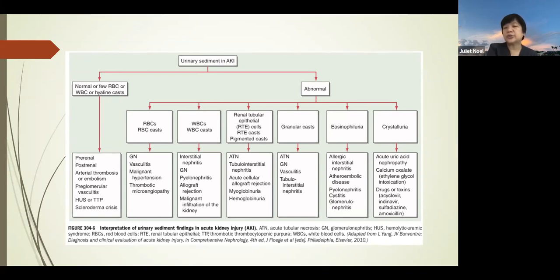When you have eosinophiluria, for which you would have to stain the sediments, you would think of allergic interstitial nephritis, atheroembolic disease. Then crystalluria, so specific. For calcium oxalate, if it's very abundant, you would think of ethylene glycol, but if it's just a few calcium oxalate crystals, that's a normal finding.